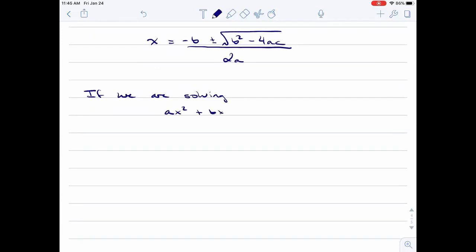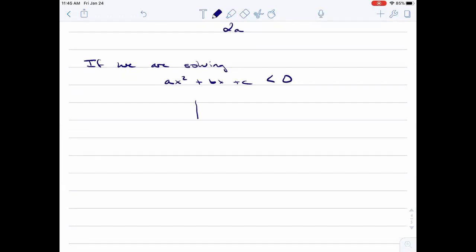ax squared plus bx plus c is less than 0, for example, then we might have something that looks like this. Maybe this is my quadratic equation. If I need this whole thing to be less than 0, well, this is where it crosses the x-axis.